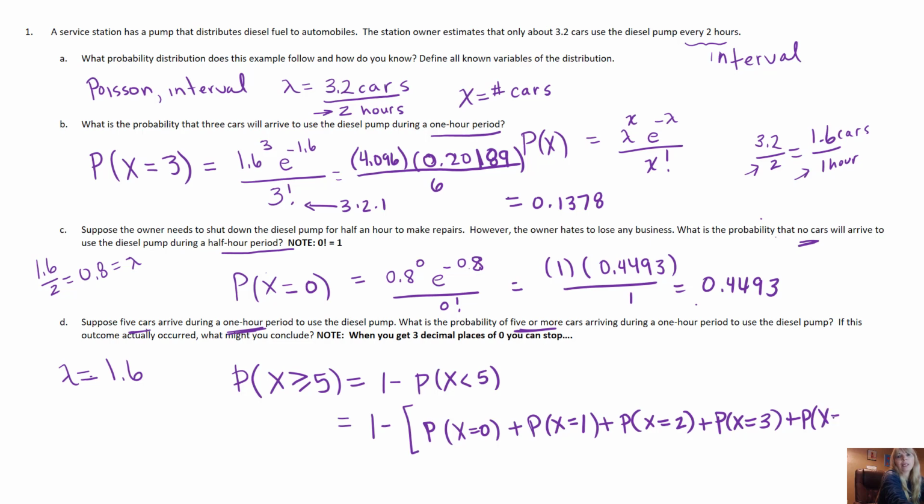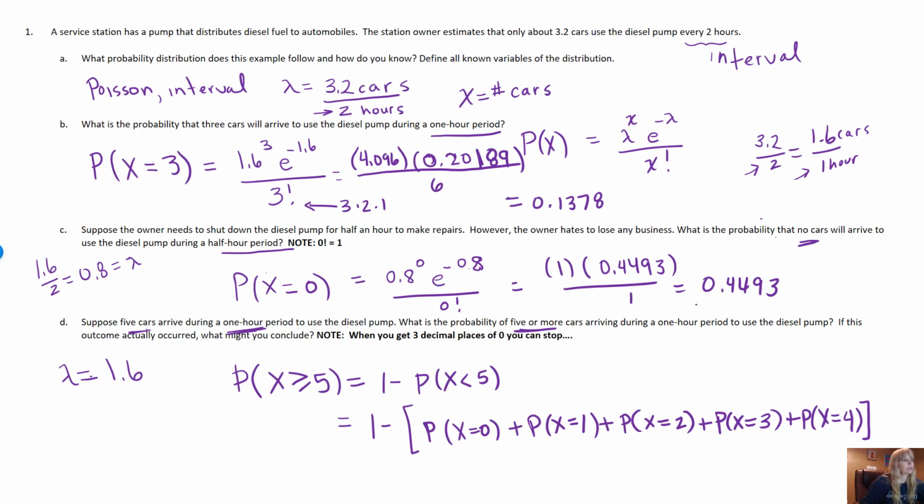Because we don't really know if you did 5 or greater, then where would you stop? Right? So you do 5, 6, 7, 8. And typically, as I mentioned, once you start getting real small decimal places, you could probably do maybe 5, 6, 7, 8, 9, about that many, and you'd start to see your decimal places get smaller and smaller.